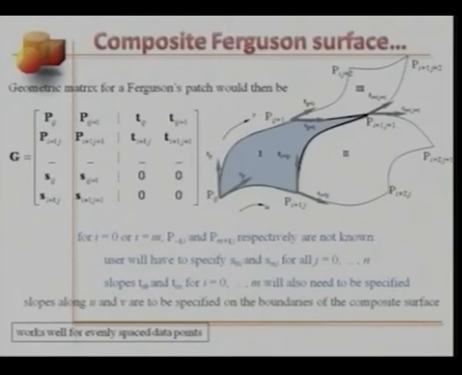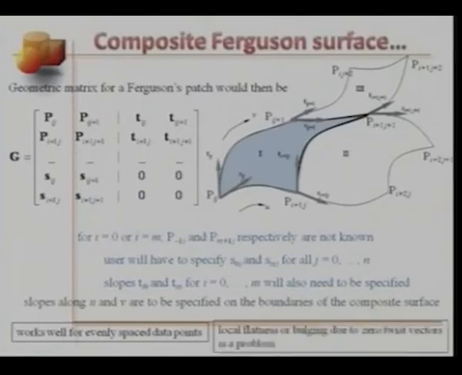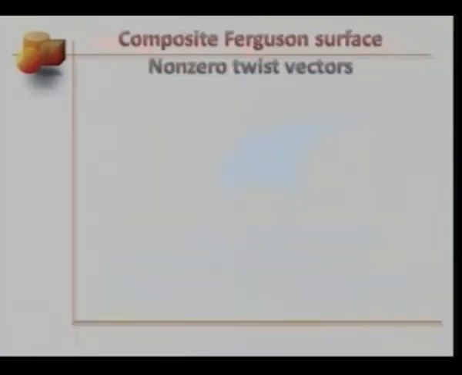Now this model works well for evenly spaced data points, but local flatness or bulging due to 0 twist vectors, which are these here, happens to be a problem. Let's now look at a composite Ferguson surface with non-zero twist vectors.